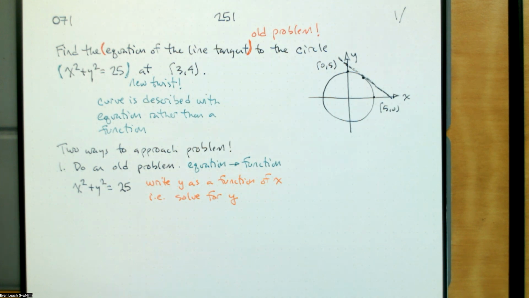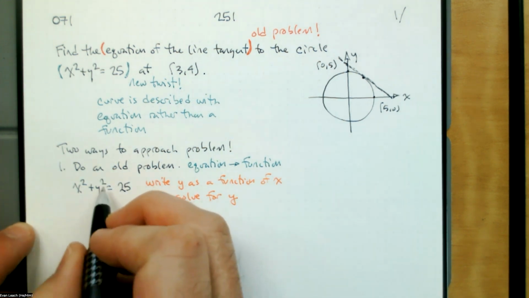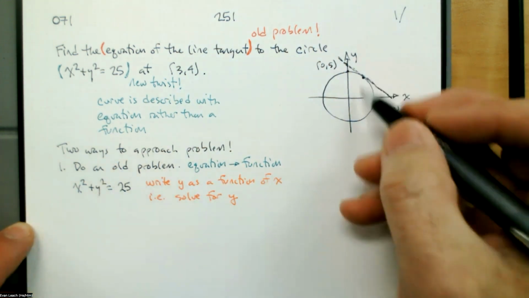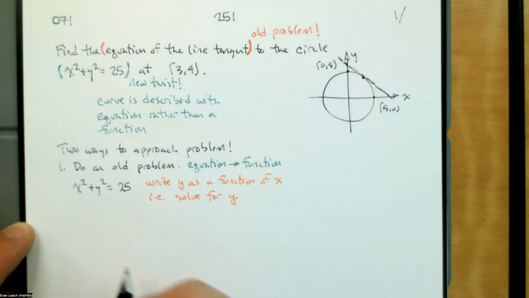Some inputs have more than one output, so we should be on the lookout for that. We know we can't write this whole circle as one function of x. But we see exactly where that's going to happen because y is being squared.